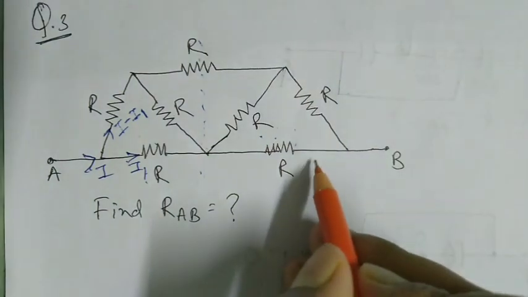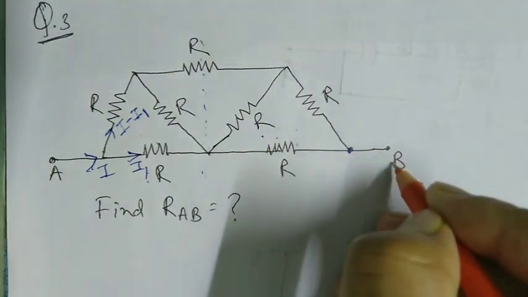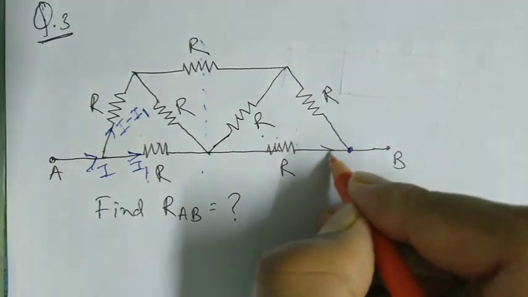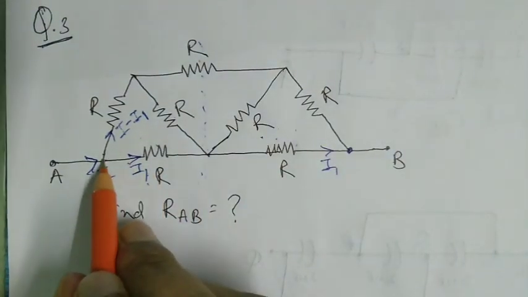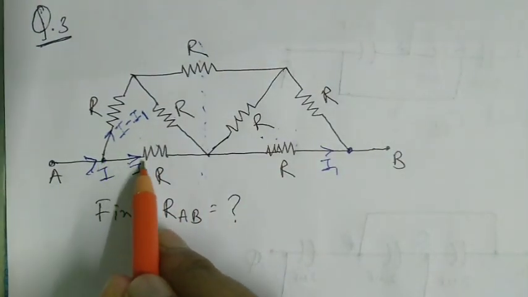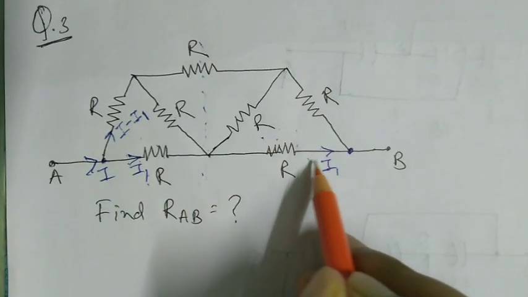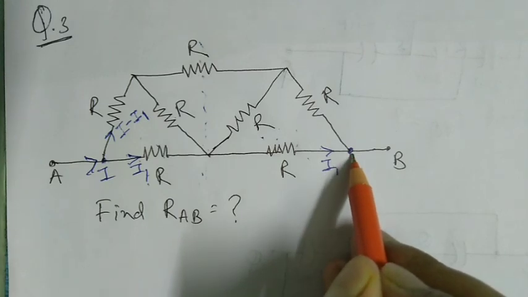Now as the circuit is symmetric, the current entering this B node from this branch will be I1. As from the node A, the current leaving this node and entering this branch is I1, so the current leaving this branch will be I1, which will be entering this node B. Okay, why?